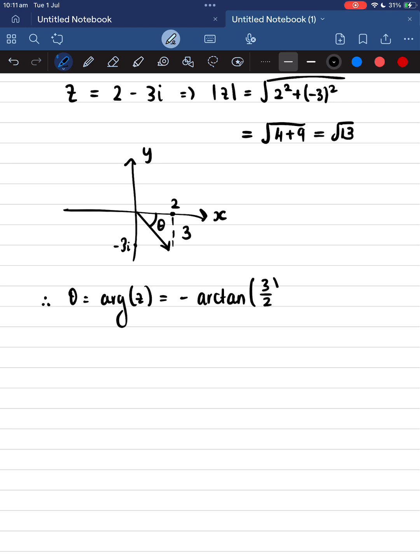And once you put this in your calculator, you get minus 0.983. So then we can say that our complex number is root 13 e to the minus 0.983i. And that's it for example 1. That would get you full marks in the exam.